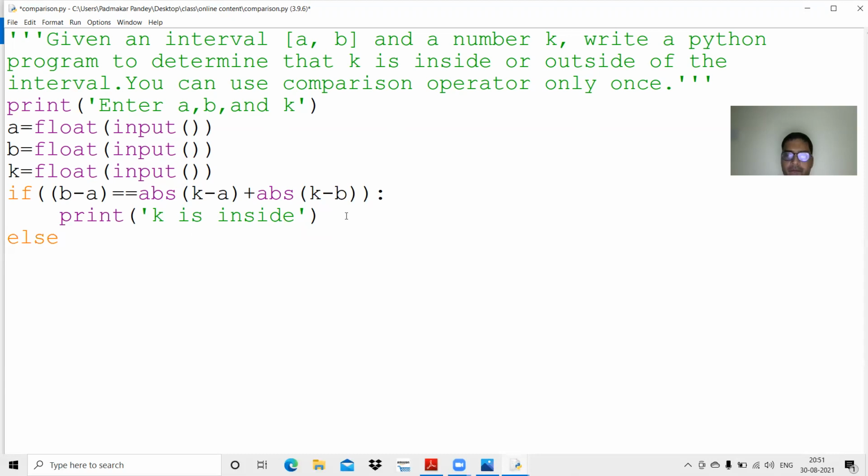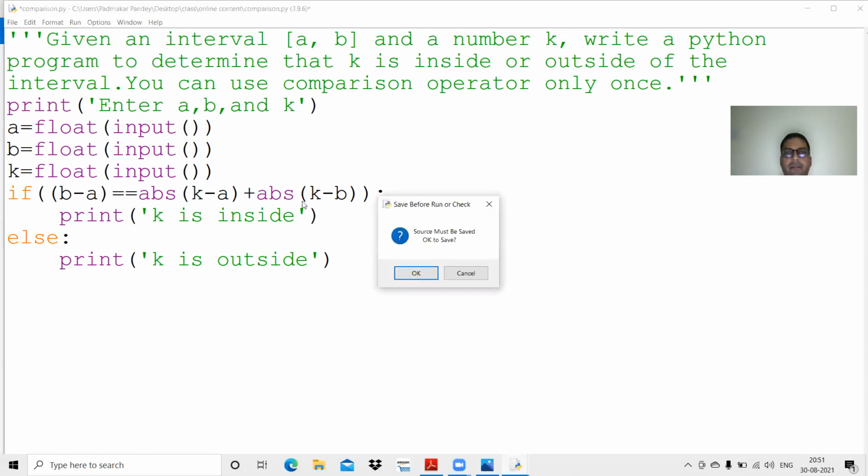Else print K is outside. Okay. Now let us check whether this code is working properly or not.